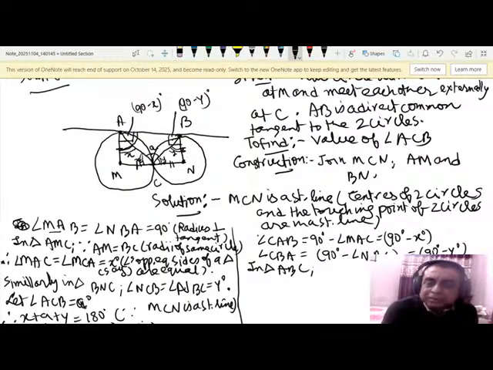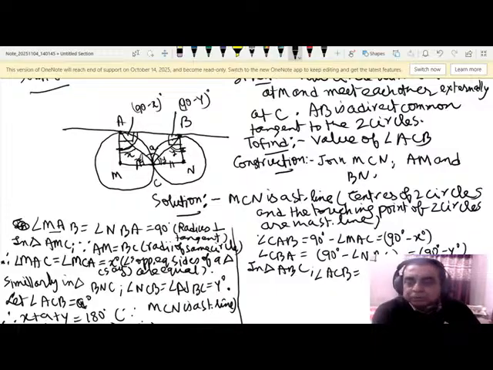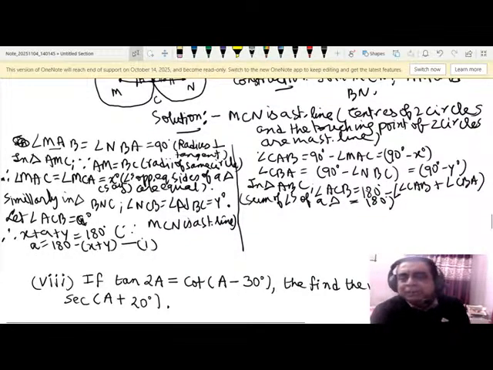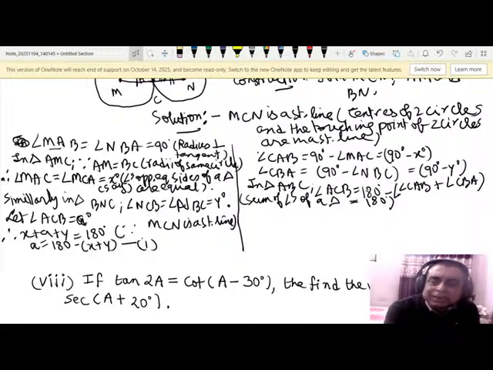Therefore, in triangle ABC, angle ACB will be 180 degrees minus the sum of the two other angles, angle CAB plus angle CBA. Reason: the sum of angles of a triangle is 180 degrees.